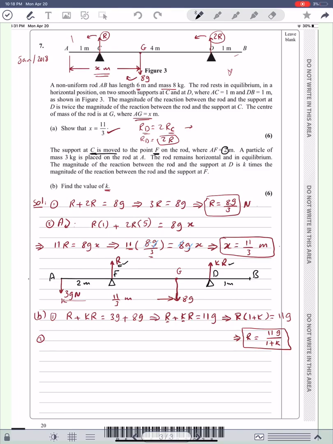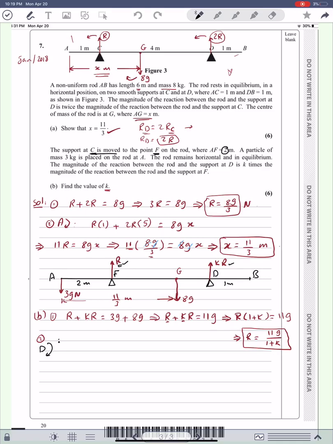So to save steps, take the moment at D in this question. Try it, dear students, you'll see it's two to three steps more, but you need this time in M1 exams. As a good O-level or good AS student, you have to know these things and be skillful in them.